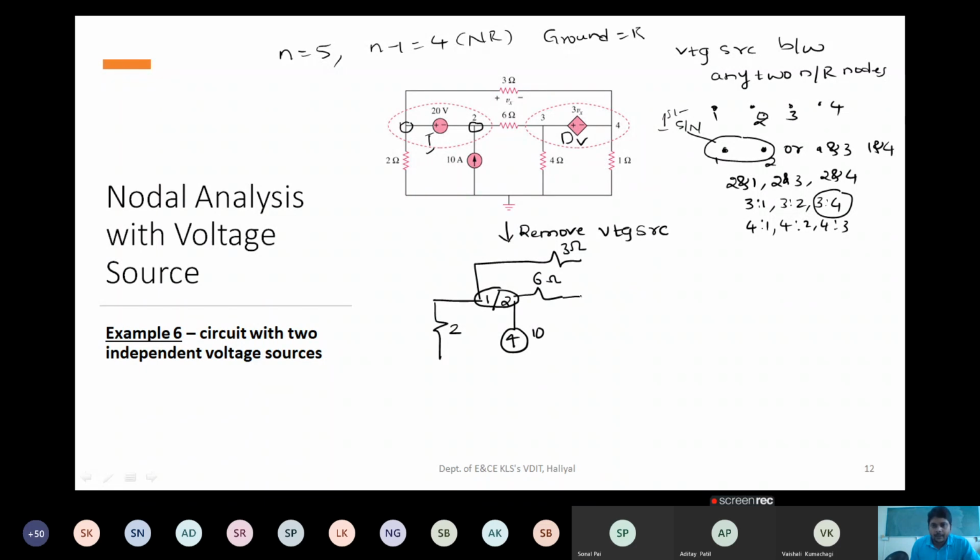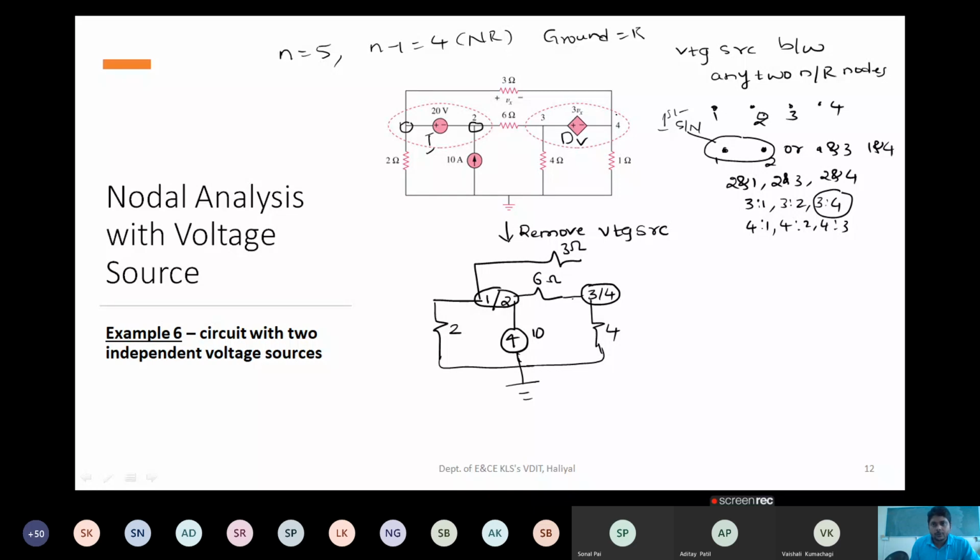And similarly, if I club 3 and 4, from 3 there are two branches going, one to the 6 ohm resistor, which is already connected, and another one towards a 4 ohm resistor. So all are grounded. And what about this fourth node?